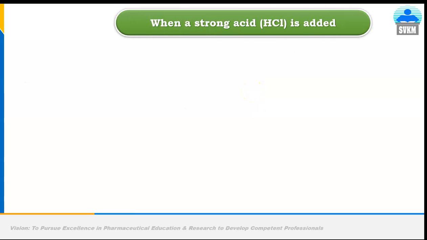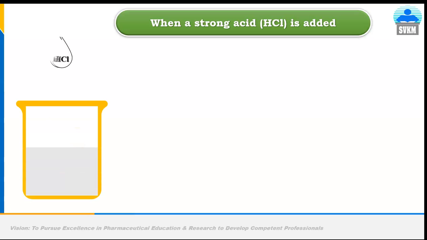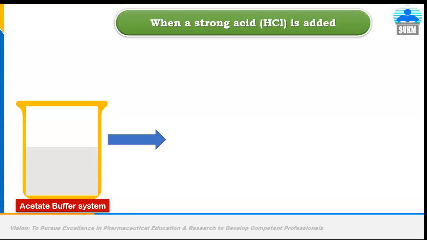First, when a strong acid like HCl, hydrochloric acid, is added to a solution containing the acetate buffer system, sodium acetate gets converted into acetate and sodium ion.